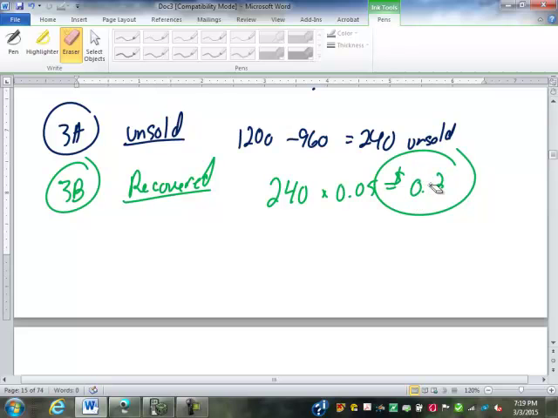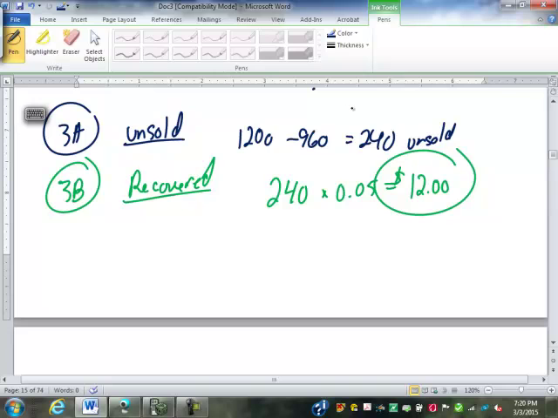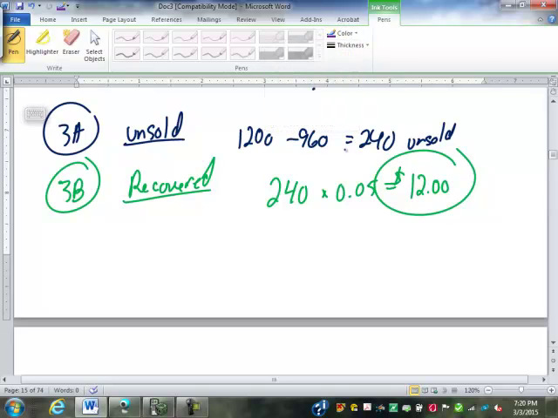What is it? $12. That's better. I was going to say, 12 cents is a little small. That's only 2.5 cookies. I know I haven't passed up too many free cookies in my life, that's for sure.